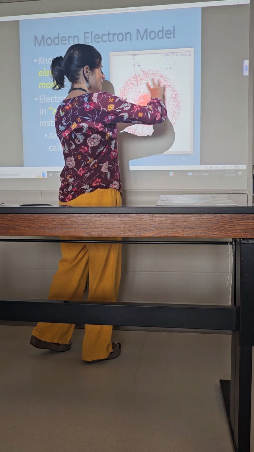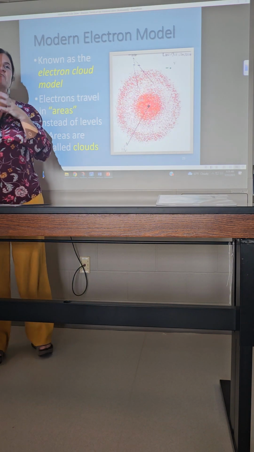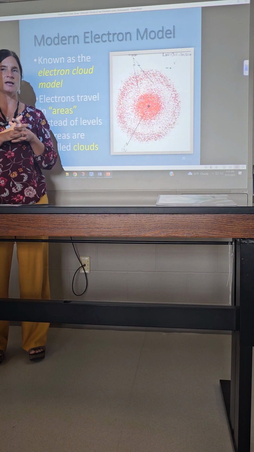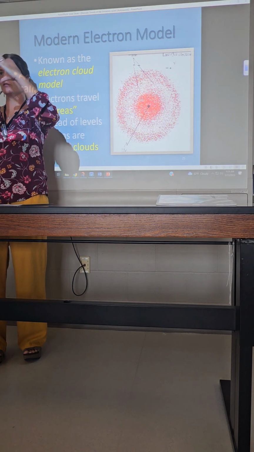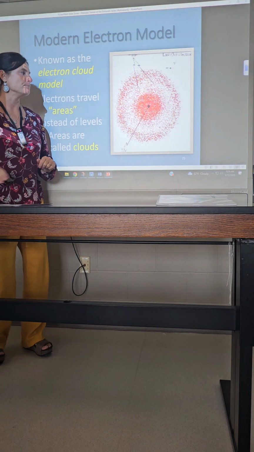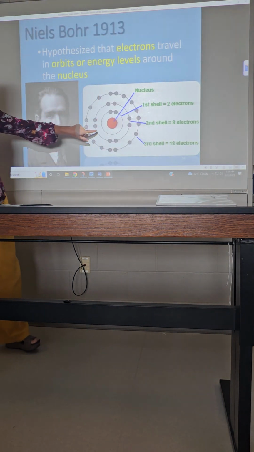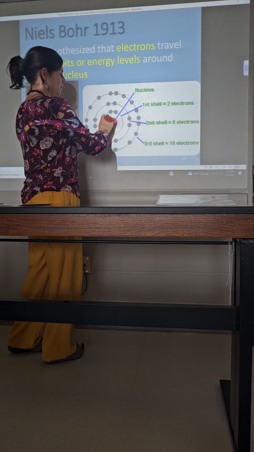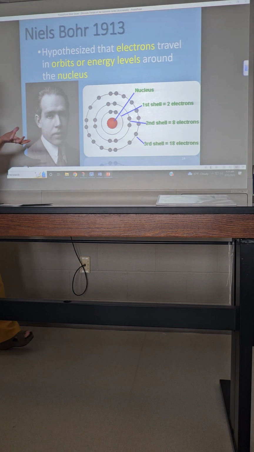So they're in a location, but not a fixed lane. So it's a little bit more relaxed. It's not as rigid as, okay, they have to be here and then here, like the lanes on a track, or like Niels Bohr, where they have to stay right here. It'd be more this area than this exact lane or orbit. Okay.